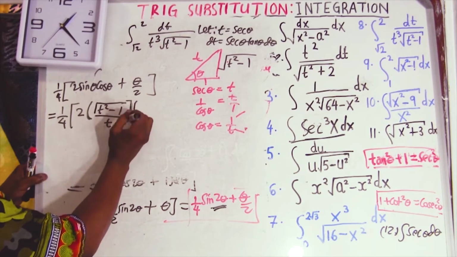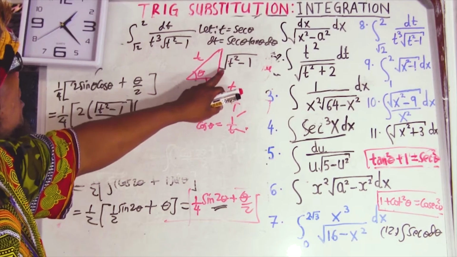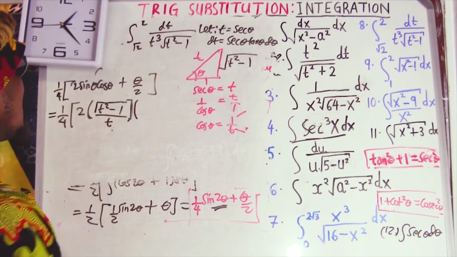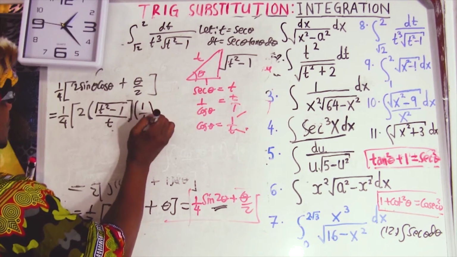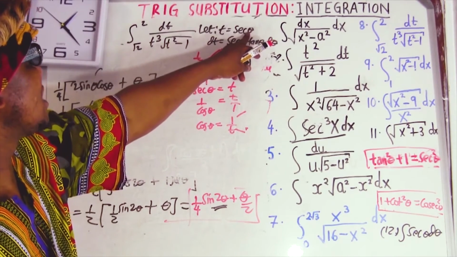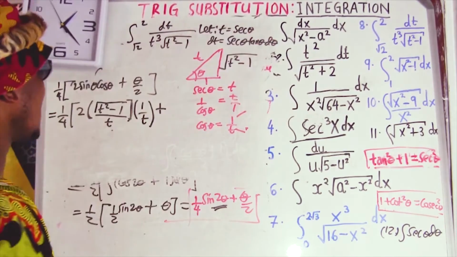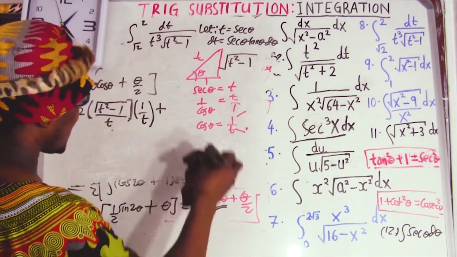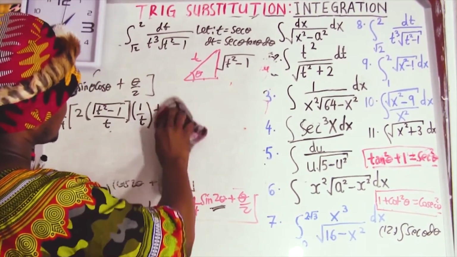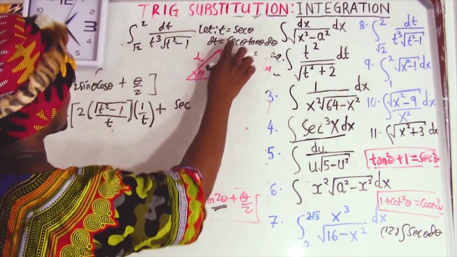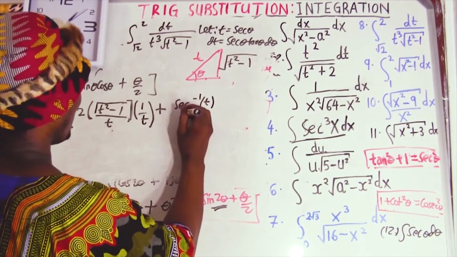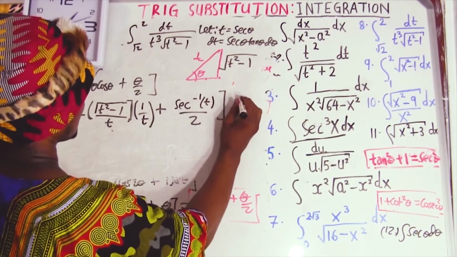Cos theta is adjacent over hypotenuse, adjacent equal to 1, hypotenuse equal to t. Now theta: I can just take the inverse, theta equals sec inverse of t. So sec inverse of t, over 2, plus a constant.